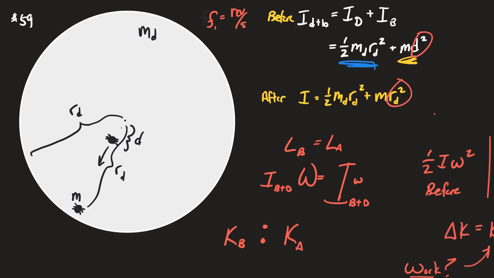No external torque means momentum is conserved. You'll likely have to use conservation of momentum to calculate a velocity. And you'll likely have to compare energies.